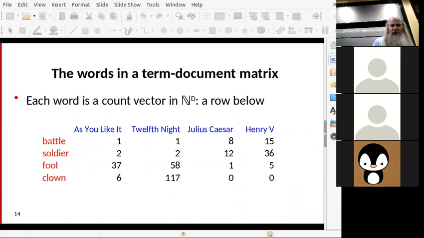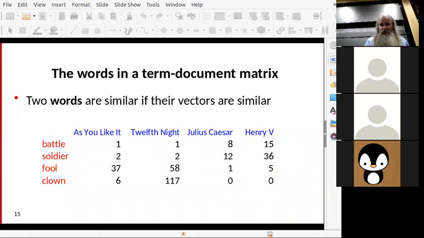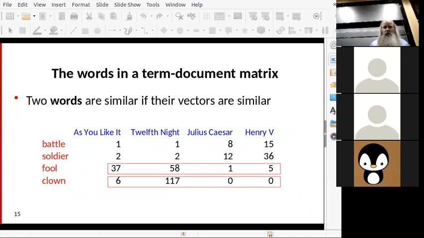Likewise, we could also look at each word and try to find out whether they're similar based on the distribution across these other documents. So from that, we could say that the words fool and clown are more similar to each other than to soldier or battle because they've got a similar distribution in a particular document.